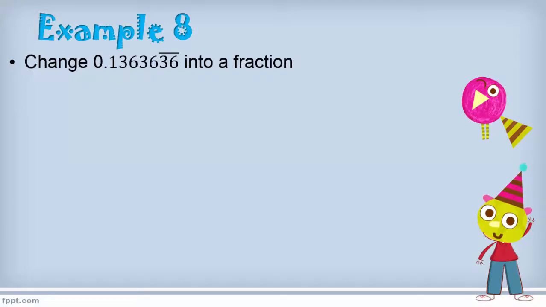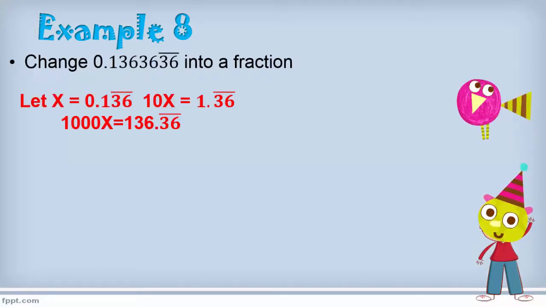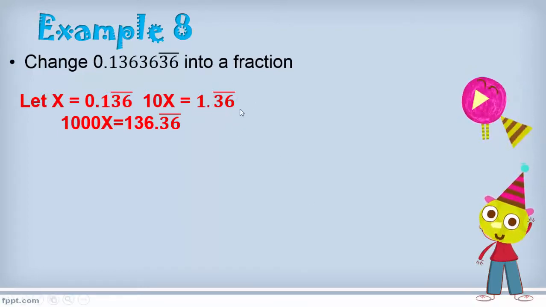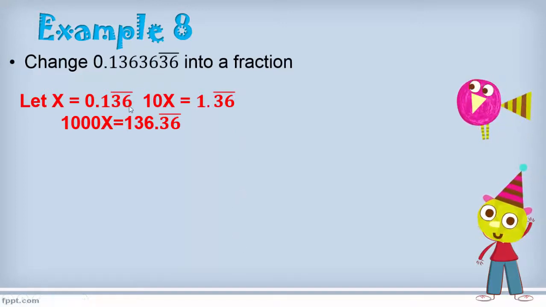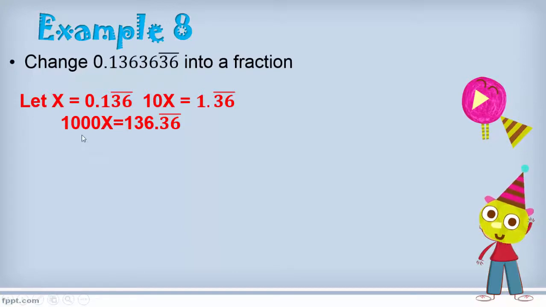Reviewing number 8, we let x equal 0.136 repeating, and we multiplied that by 10, so we got 10x is equal to 1.36 bar, because we want to isolate the recurring part. Then we want to subtract that from something. We multiplied x times 1000 in order to get, again, a recurring part that we can subtract.